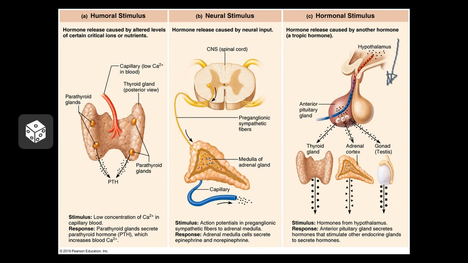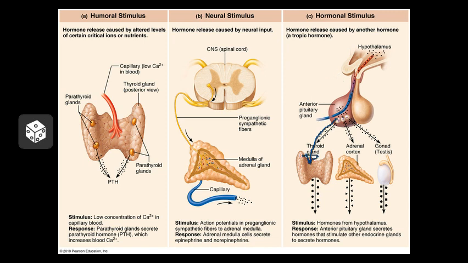And that is the effect of the hypothalamus, which secretes regulatory hormones. And those regulatory hormones target the anterior pituitary. That means the regulatory hormones are tropic because they cause the anterior pituitary to secrete more or less of other hormones. So the anterior pituitary hormones can target the thyroid gland.